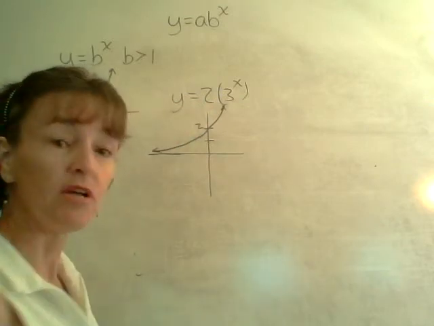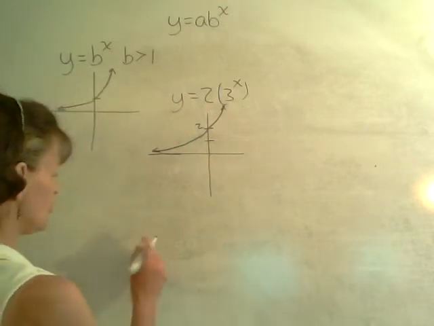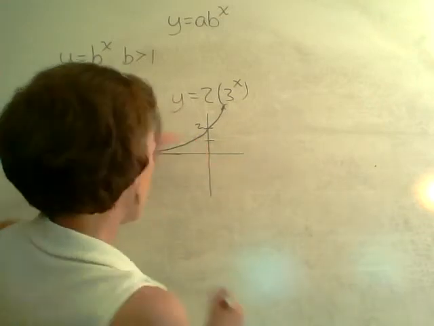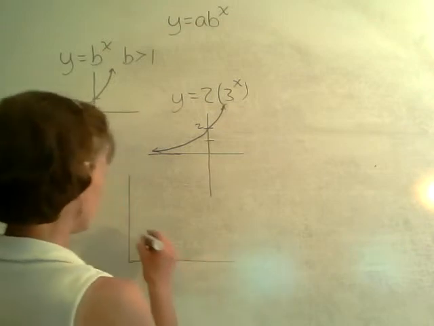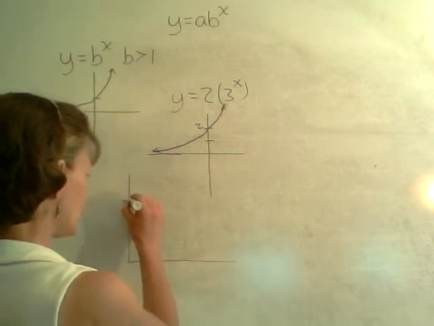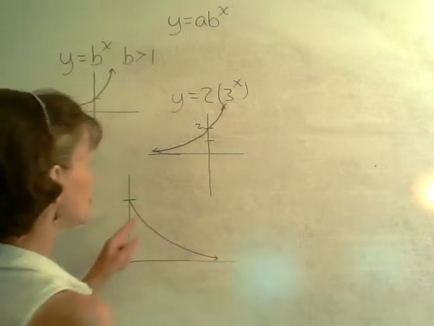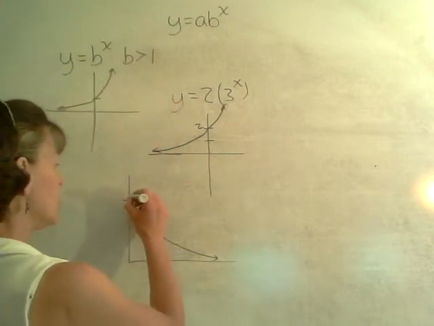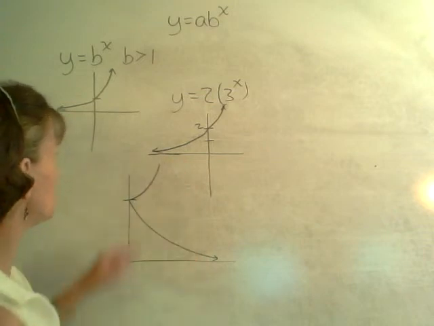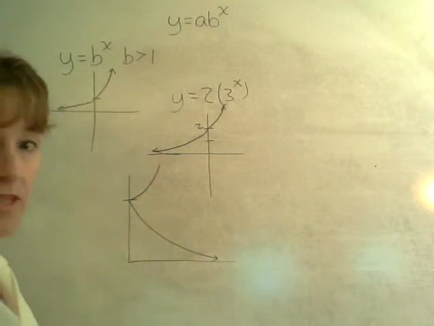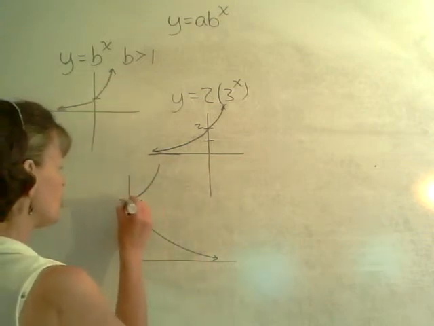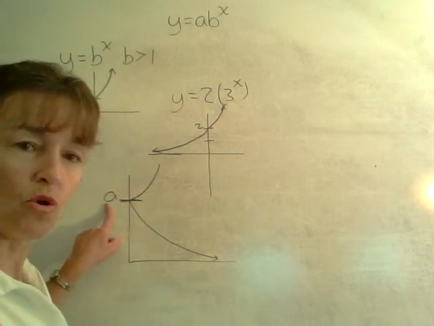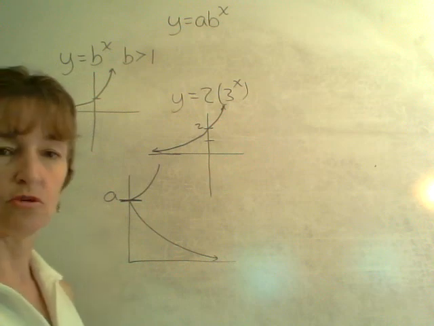It's the number in front, because in many applications, there is no negative y or negative x, and curves are simply in the first quadrant, and they will either start at a number and decrease because b is less than 1, or they will start at a number and increase because b is greater than 1. But this number where the curve starts is a. If a is anything other than 1, then this number is going to be a.